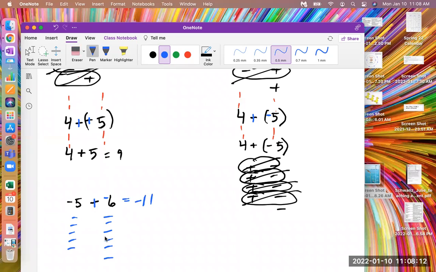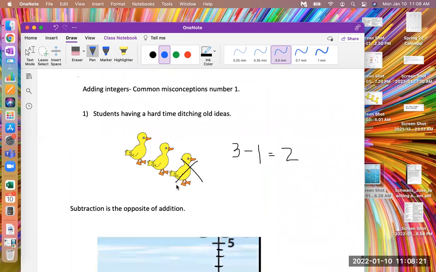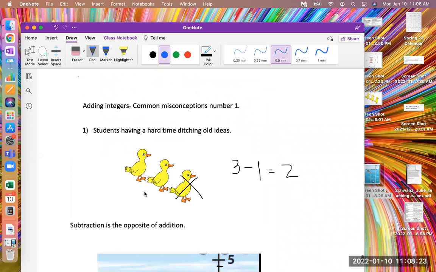Like I said, this seems so foreign because you're really holding on to this concept of little duckies, 3 of them, and one of them went away, and breaking that is a hard thing to do.